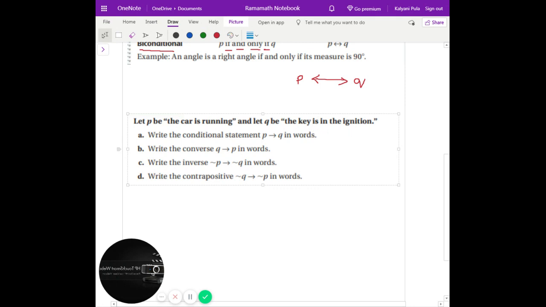Let's look at the conditional statement, then the converse, inverse and contrapositive, and write them in words. The conditional is P implies Q, the converse is Q implies P, the inverse is negation P, negation Q, and the contrapositive is negation Q, negation P. Go ahead and write it down in words, and then we'll check.